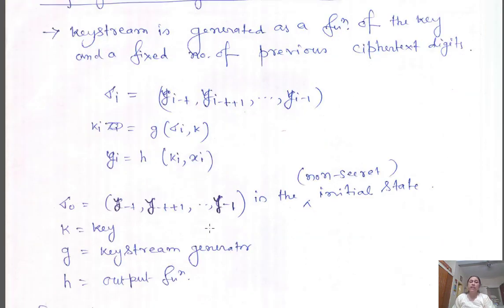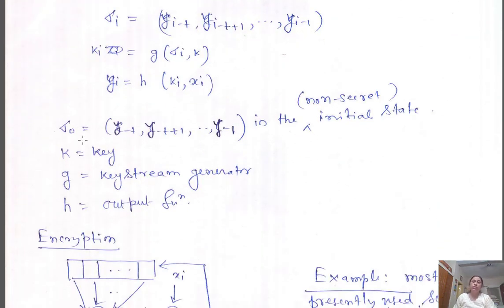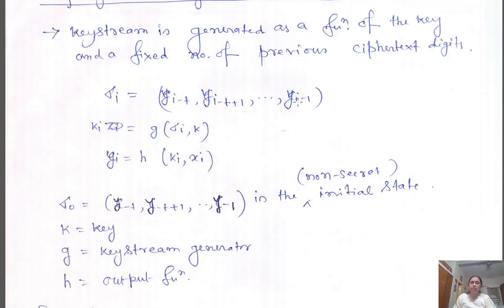Initially, the initial state sigma 0 is defined as y minus 1 through y minus t.